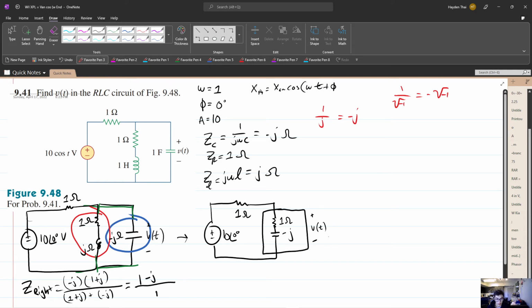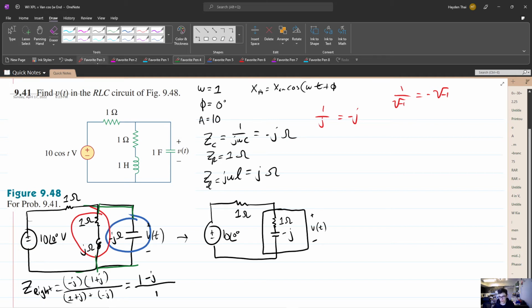Now we're at the last step. We can either use the voltage division rule, which might be quicker, or we can do KVL. You can only use VDR when the polarity faces a certain way, because V of t is consuming energy from this source.